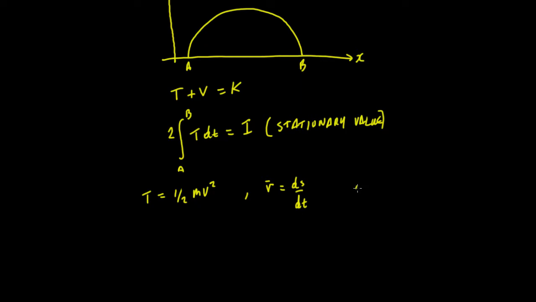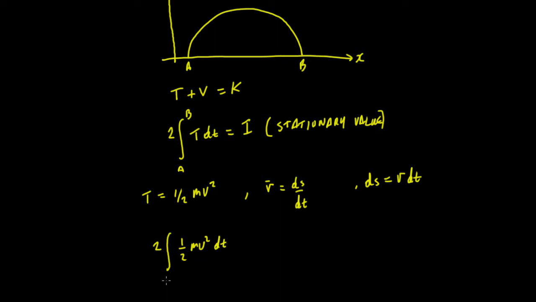Okay, so we can then say that our ds equals v times our dt.